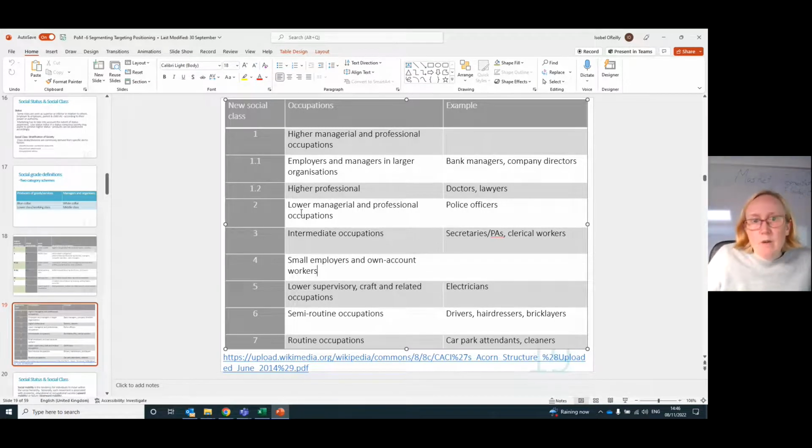Next down, lower managerial and professional occupations. So other professional occupations, the ones that are not automatically going into class 1, are in here. Police officers is given as an example.